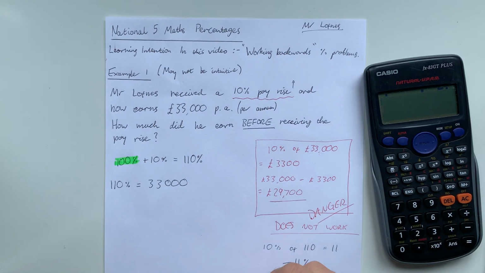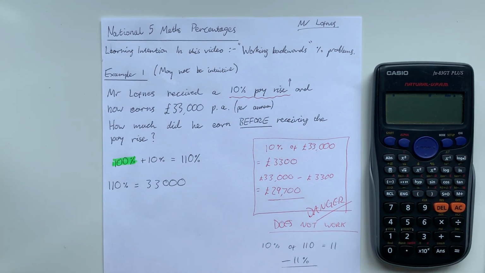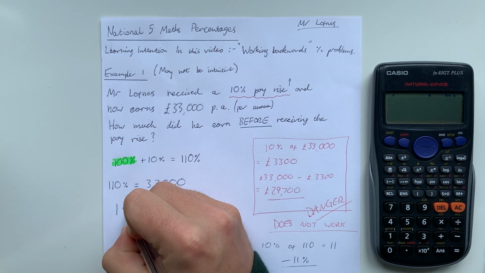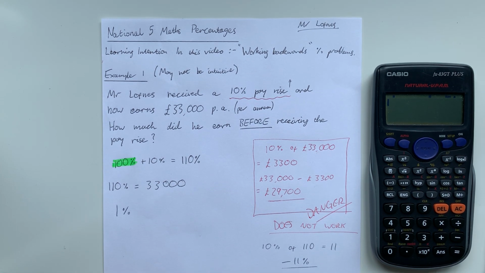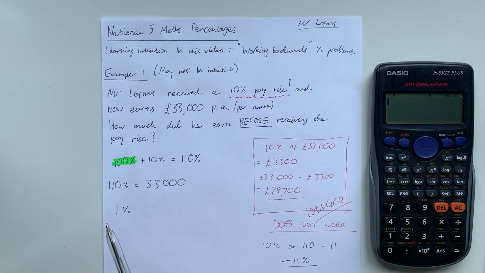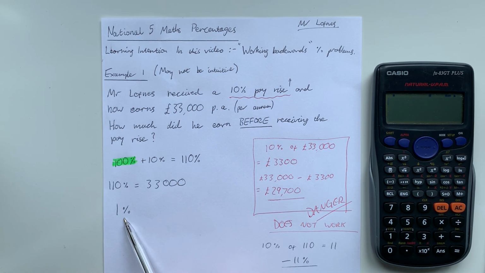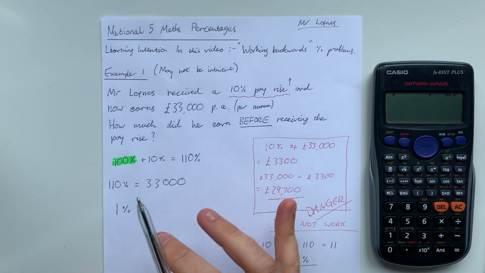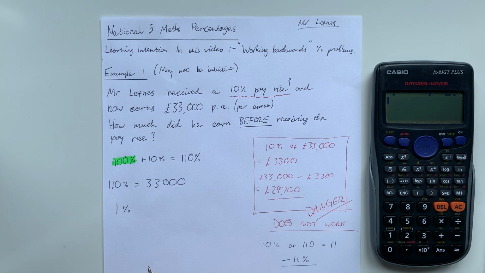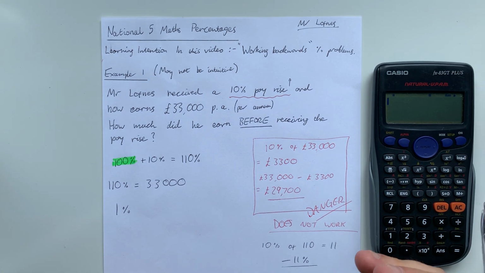Well, let's go back to our old friend 1%. It's always useful to be able to work out 1% in a percentages question. Now, how would I go from 110 to 1? Well, you might be thinking you could take away 109, but again, addition and subtraction aren't our friends here, because we're not dealing with a whole quantity.